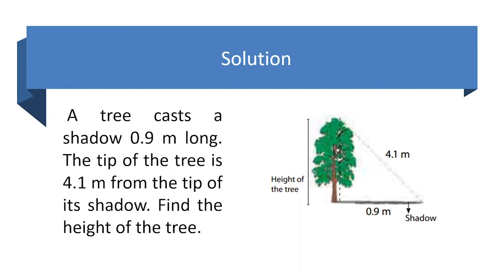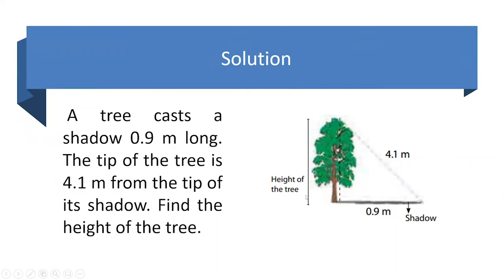So this is the tree. You have your shadow, which is 0.9 meters. The tip of the tree is 4.1 meters from the tip of the shadow. So this is 4.1 meters. And I need to find the height of the tree.